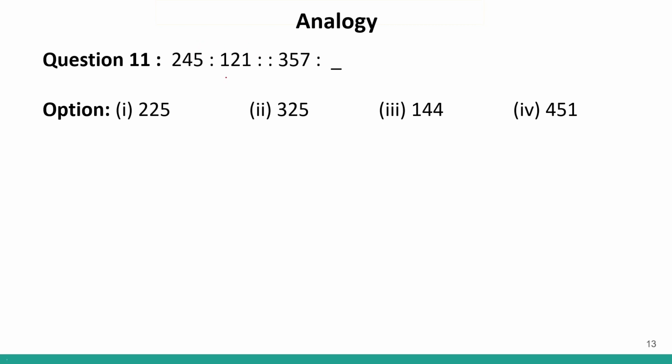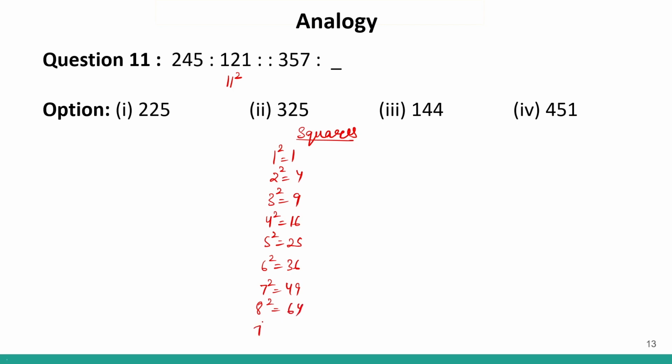Now when I look at 121, one thing strikes me that it is 11 square. So if you remember squares, these things will be clearer to you because you can identify a number as a square. Let us revise these squares. 1 square is 1, 2 square is 4, 3 square is 9, 4 square is 16, 5 square is 25, 6 square is 36, 7 square is 49, 8 square is 64, 9 square is 81 and 10 square is 100.